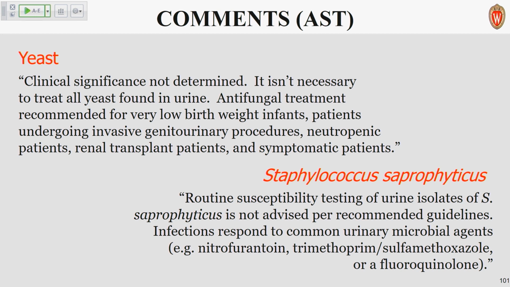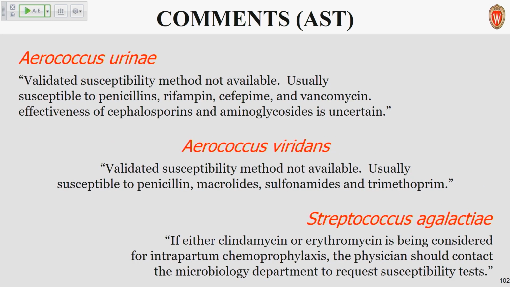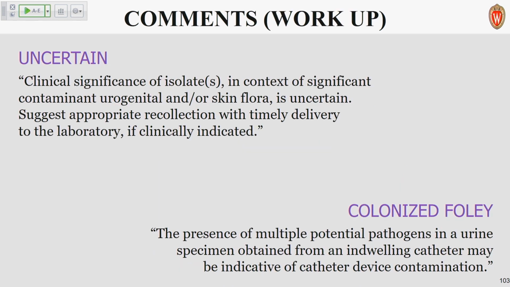So things you could put on your report to help guide the provider as to when it's applicable to treat. So we've got comments there for yeast. We've got Staph saprophyticus here. Comments for Aerococcus urinae, Aerococcus viridans, your Strep agalactiae there. And if you don't have time to read them, we can send you the comments.